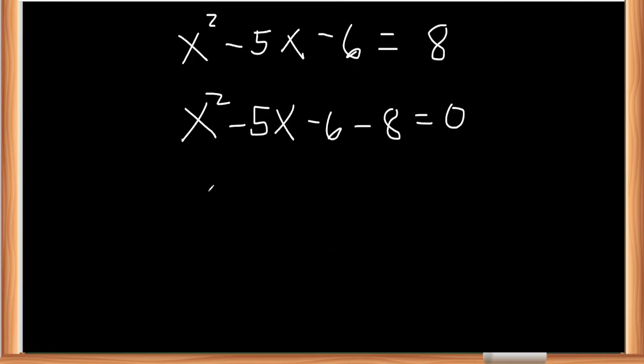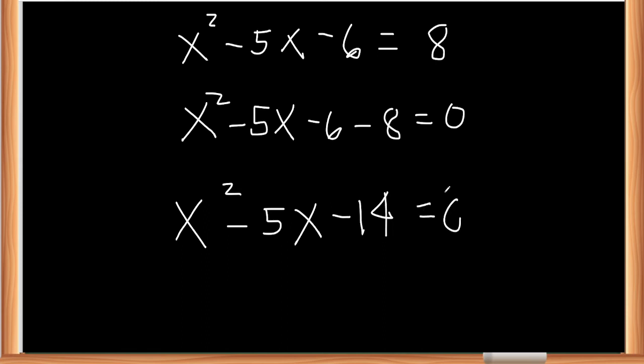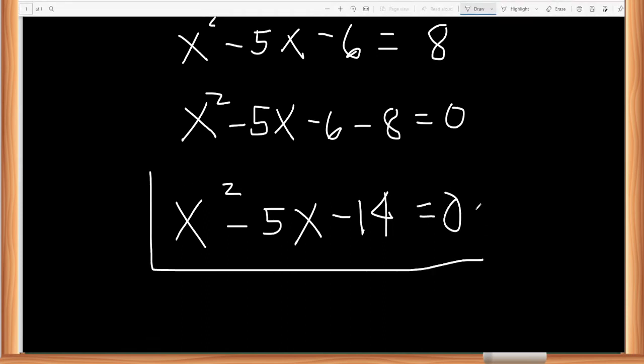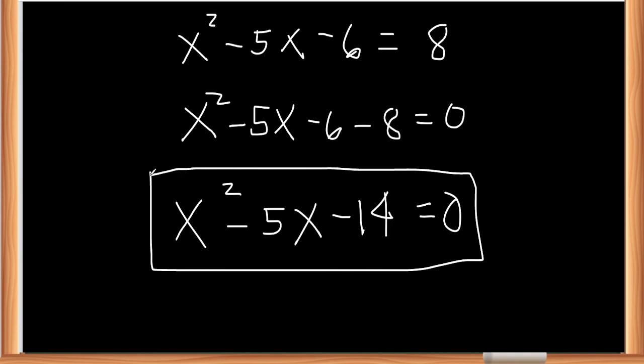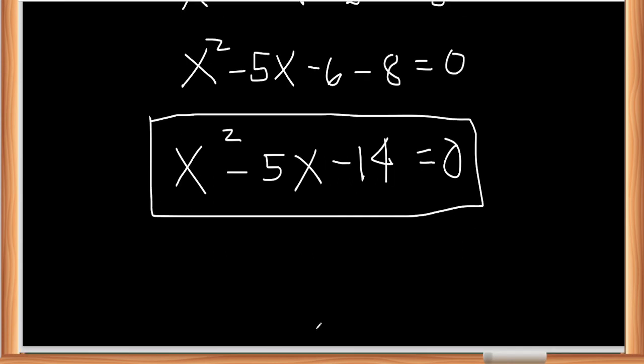Okay, so ano yung final equation natin? We have x squared minus 5x minus 6 minus 8 is minus 14 is equal to 0. Okay, so yan. Yan na yung magiging equation mo na gagamitin sa quadratic formula.